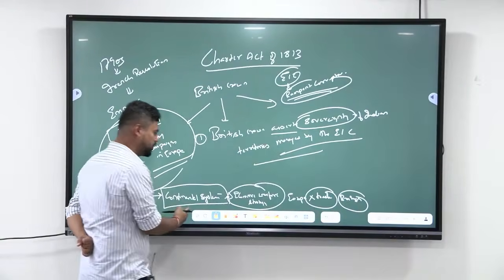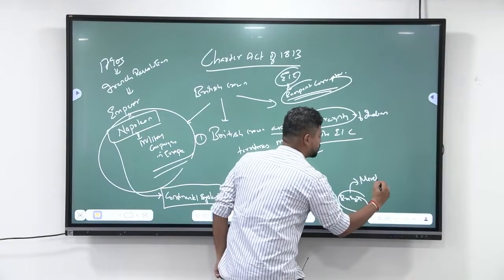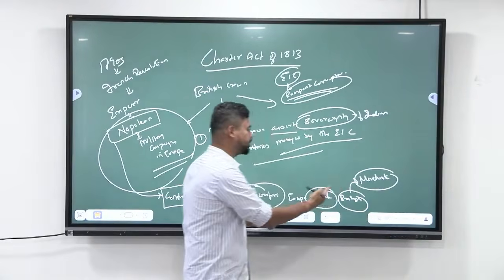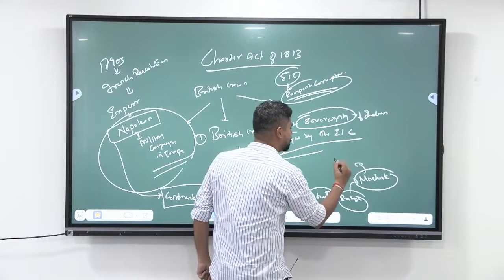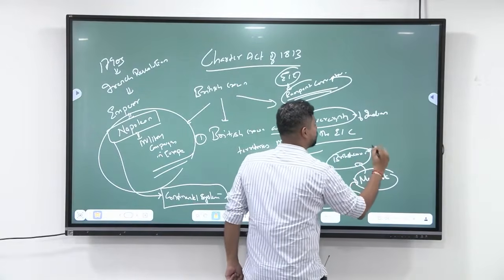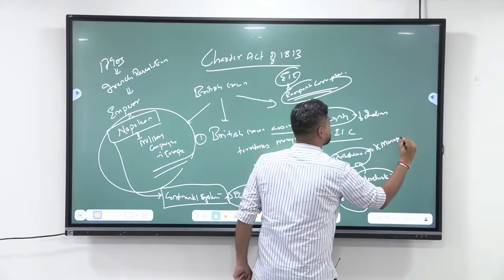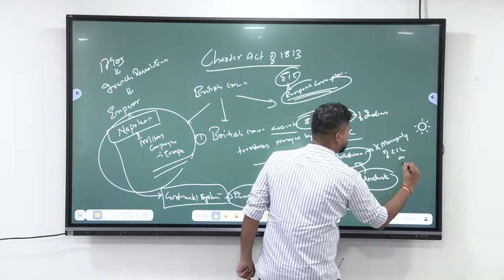So when this continental system is introduced, the British merchants will lose the market in Europe. When the British merchants lose the market in Europe, they will start demanding from the British Crown to remove the monopoly of the East India Company on Indian trade.